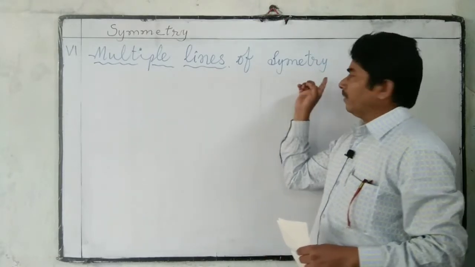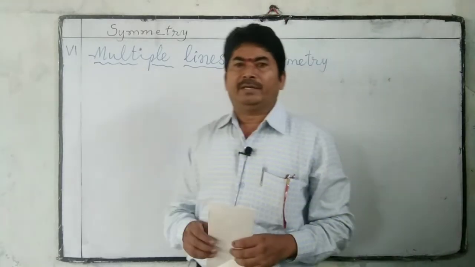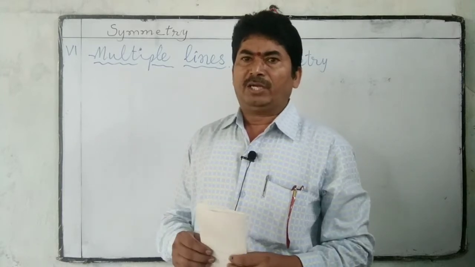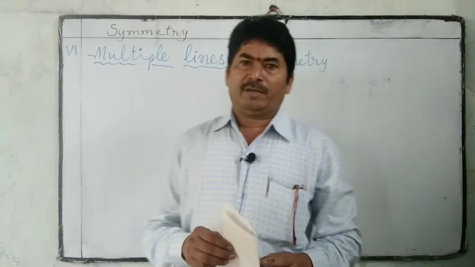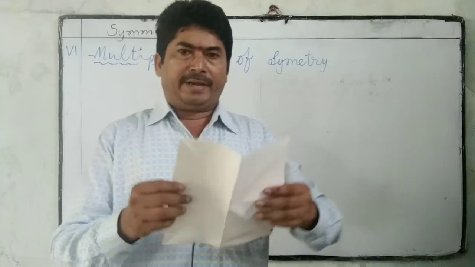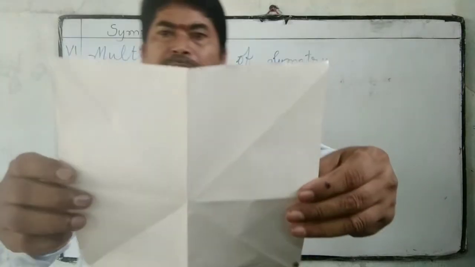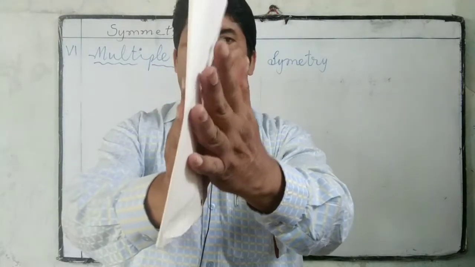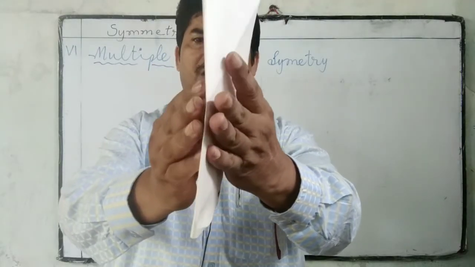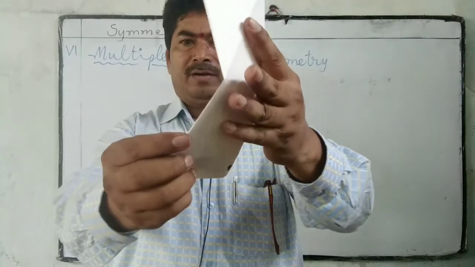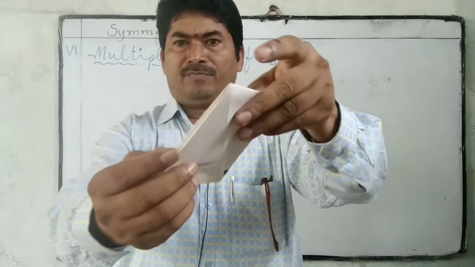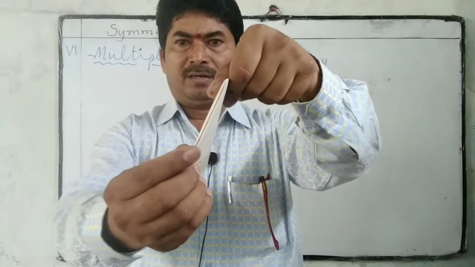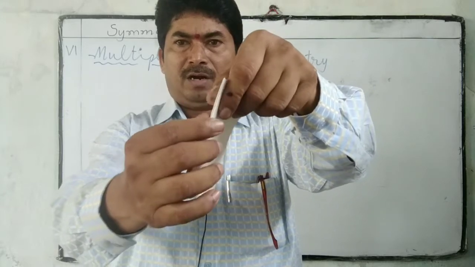Multiple lines of symmetry. To understand this, we are taking a square of paper and folding it first horizontally, then folding half of this paper horizontally.